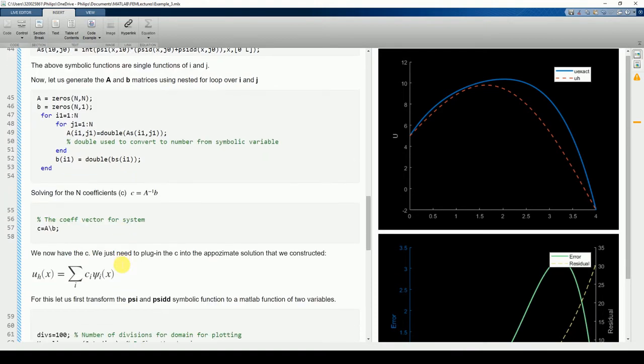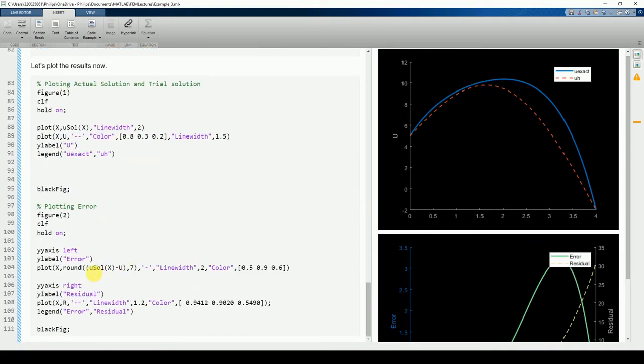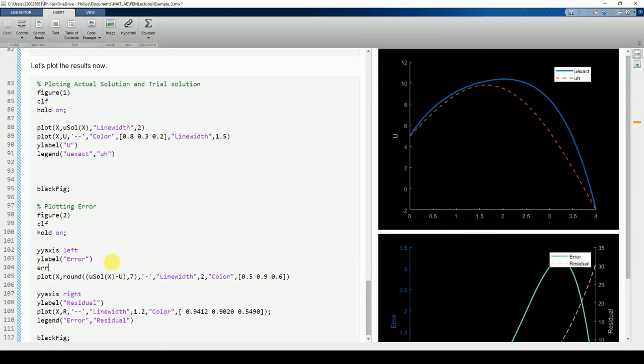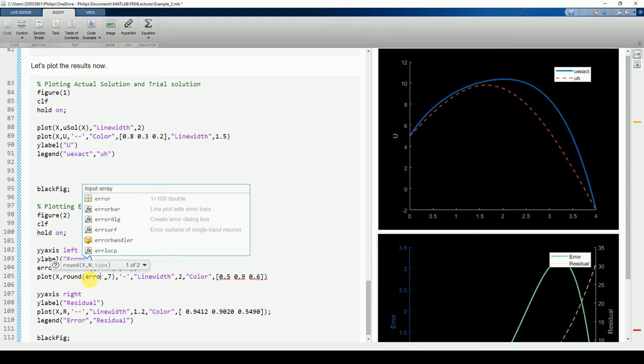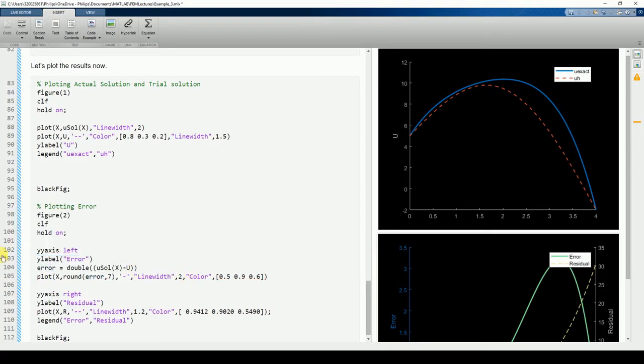Let us do that in a bit, but before that I need to double the error, and I'll plot the error here.